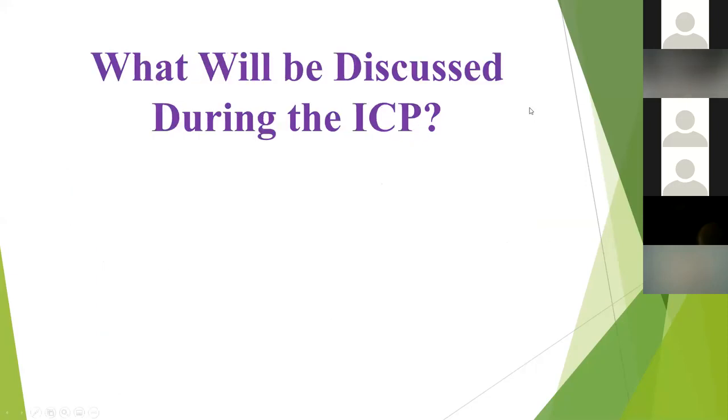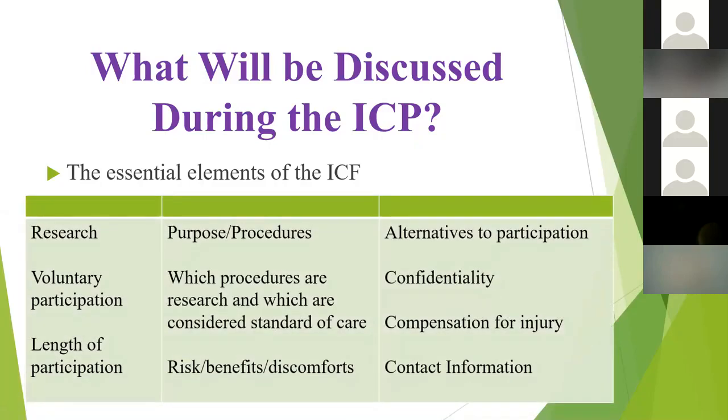Next slide. So there are some hard and fast rules that federal regulations state regarding the content of an informed consent. There are some essential elements that have to be in your informed consent form, and they are a specific statement that the study is research.